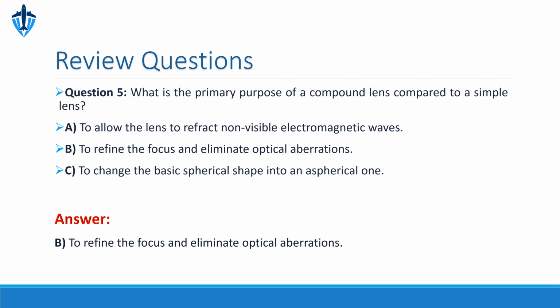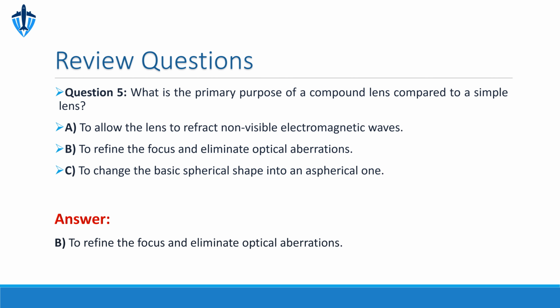As we mentioned earlier, a simple lens causes a single refraction, while a compound lens is constructed from multiple simple lenses. The key advantage of this design, as stated, is to refine the focus and eliminate aberrations. An aberration is a defect where light rays fail to converge at a single sharp point, leading to a blurred or distorted image.